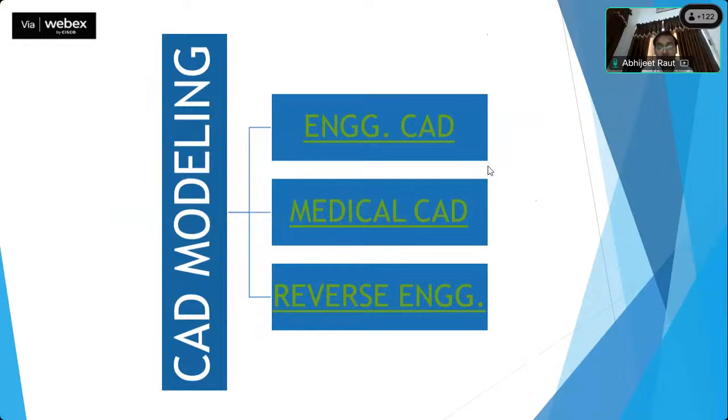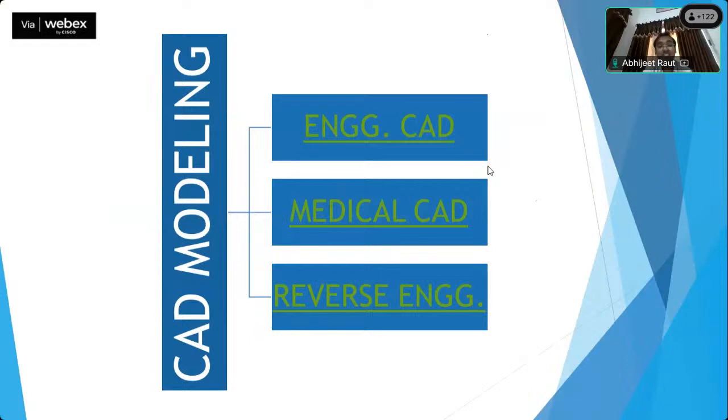If you are aware, for CAD modeling there are various alternatives. Most engineers are well aware that various tools and software are there for engineering CAD, whether it is modeling of a building or of any machine component, like Creo, CATIA, SolidWorks.